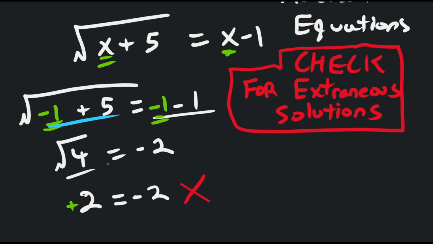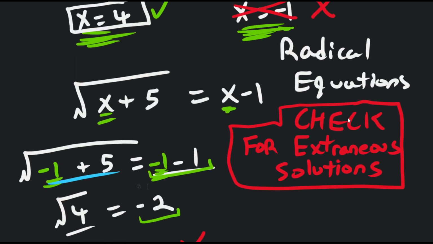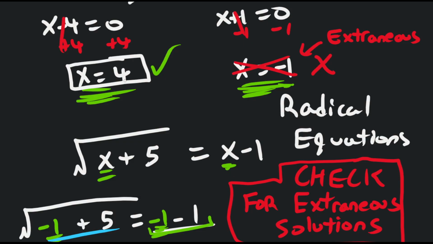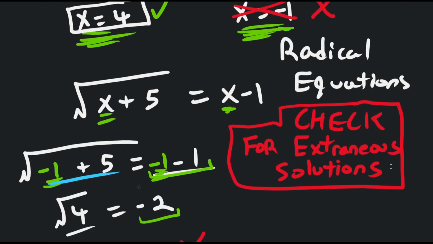This came out to +2, and on the other side of the equal sign, we have a -2, because when we substituted x for -1, we came out with a negative number equaling this radical. But this is a positive radical. So that's what makes the solution extraneous. And that's why x equals -1 cannot be an answer, and x equals 4 is the only real answer. So you have to check your answers, you have to test your answers before you can say that you've solved for x. And that's really important.